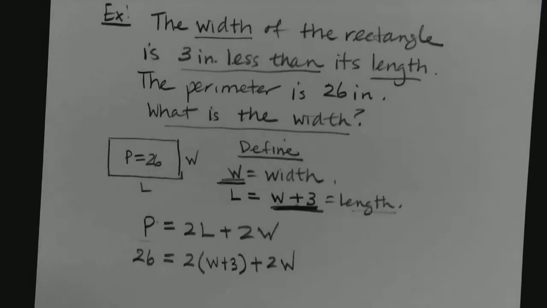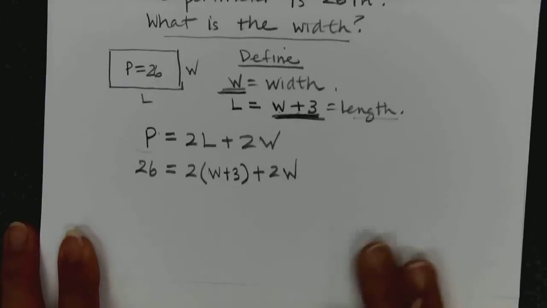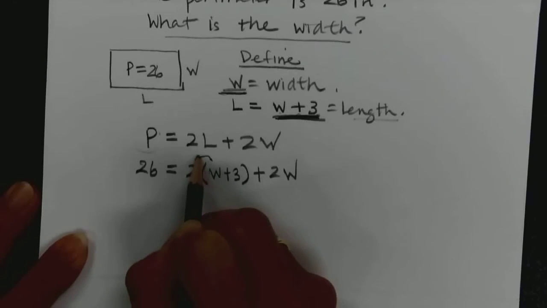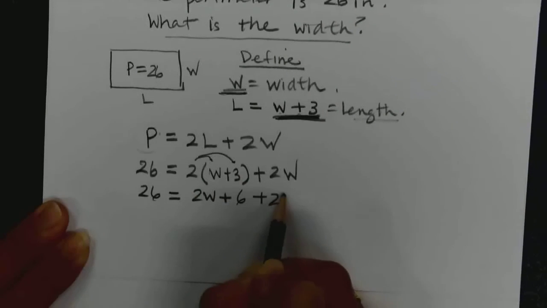Now, this was the new part. Now it's the old stuff, right? What do I do first? Distribute. So 26 is equal to 2W plus 2 times 3 is 6 plus 2W.